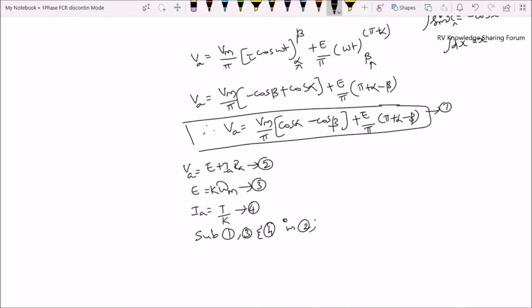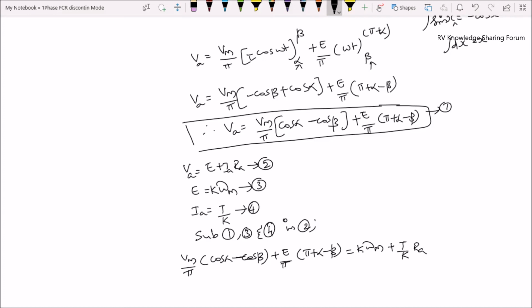So what happens is Vm by pi (cos alpha minus cos beta) plus E by pi (pi plus alpha minus beta), which is equal to E is K into omega m plus IA is T by K RA.